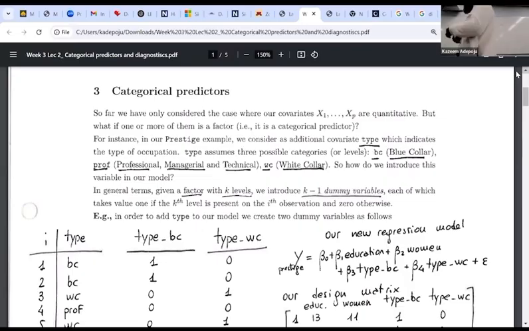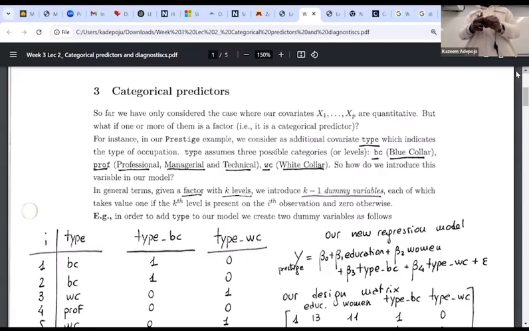We expect that the levels of the categorical variables add up to one. If I have a categorical variable with k levels, I'm not going to specify all k. I have to specify k minus one. For instance, if I have 7 categories, I'm going to specify 6. The other category will be the reference.